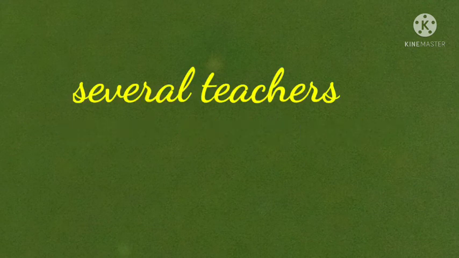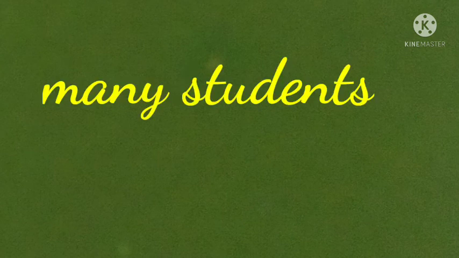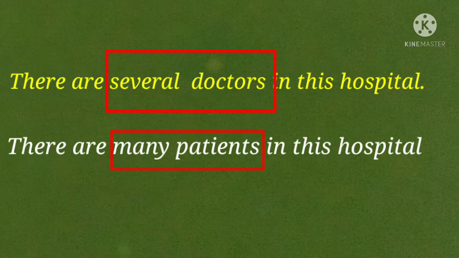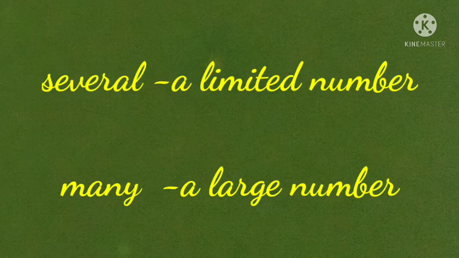But in a college there can be many students. Or you can say there are several doctors in this hospital. But you say there are many patients in this hospital. When you refer to a limited number, it is better to use several, and when you refer to a large number, you can use many.